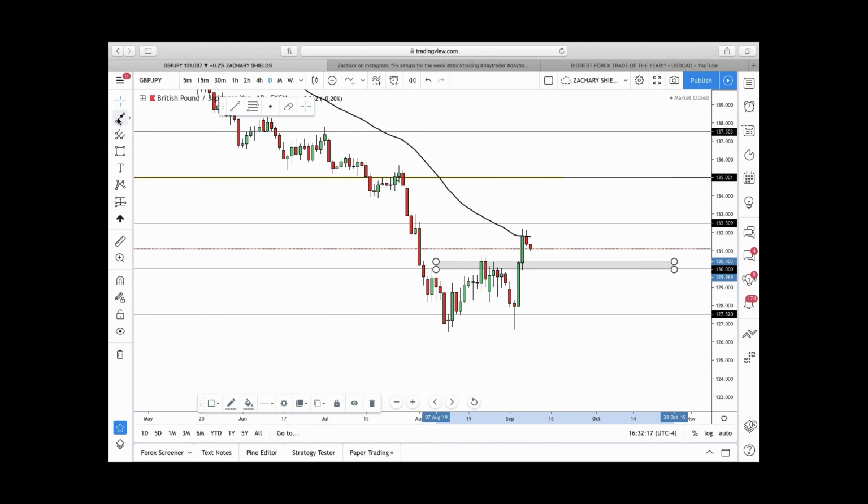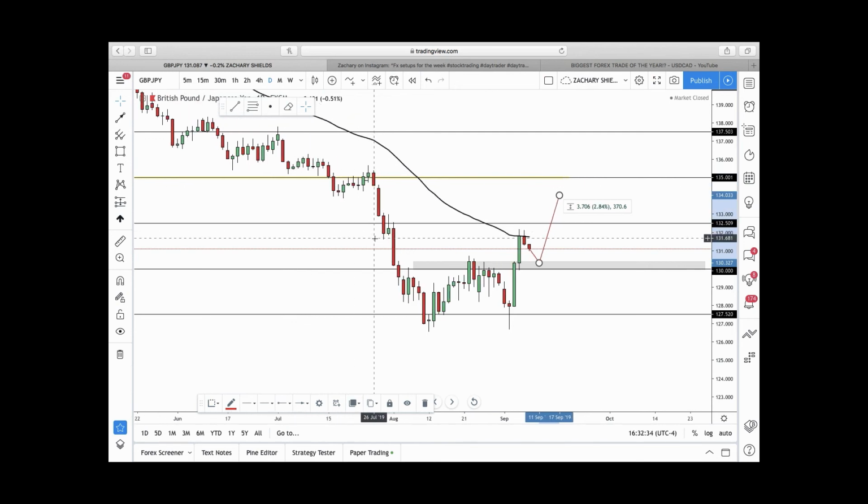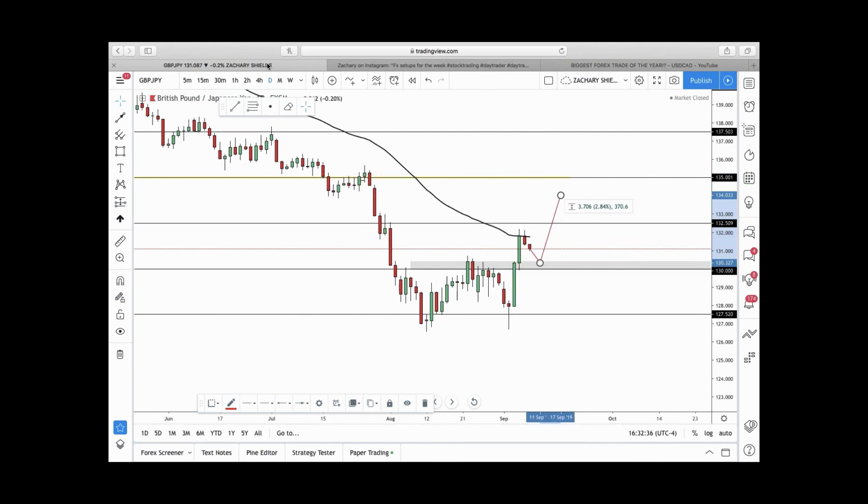Favorite scenario would be a pullback into this region around 130. And if we can make it to 130 and I see a signal to go long, I'm looking to 132.5 and around 134. So GBP JPY is my favorite scenario. I do see 134 on the cards and 132.5 as the first target.